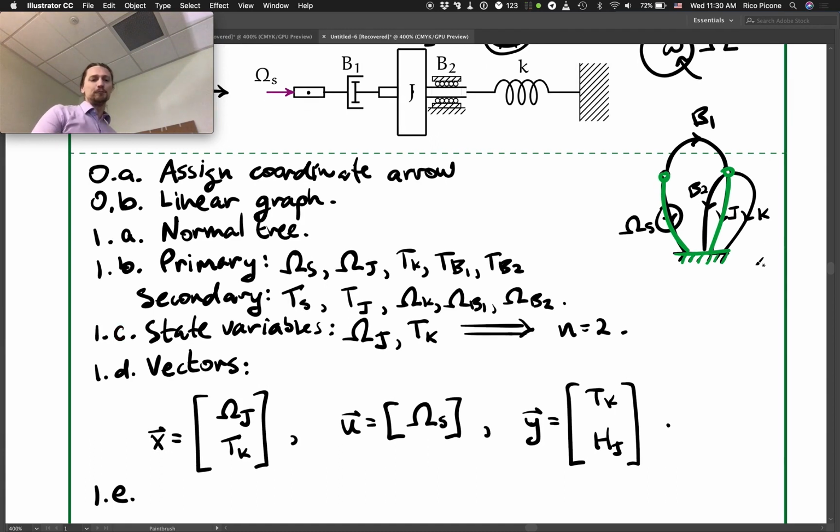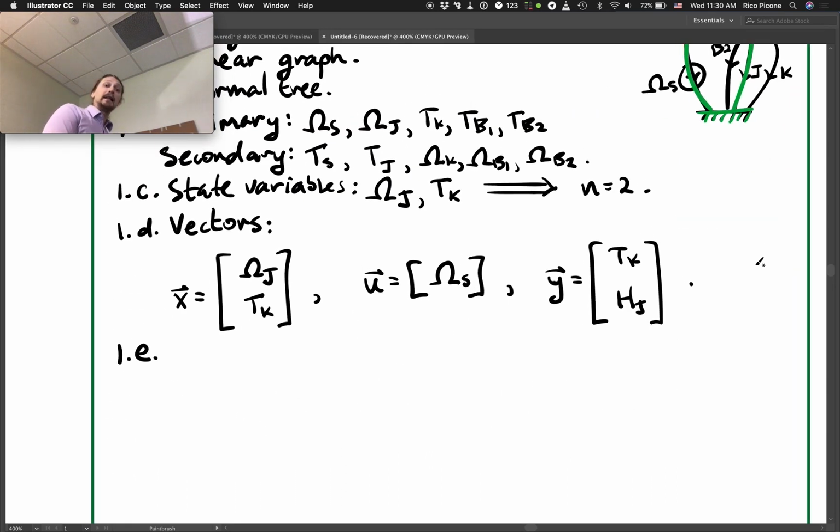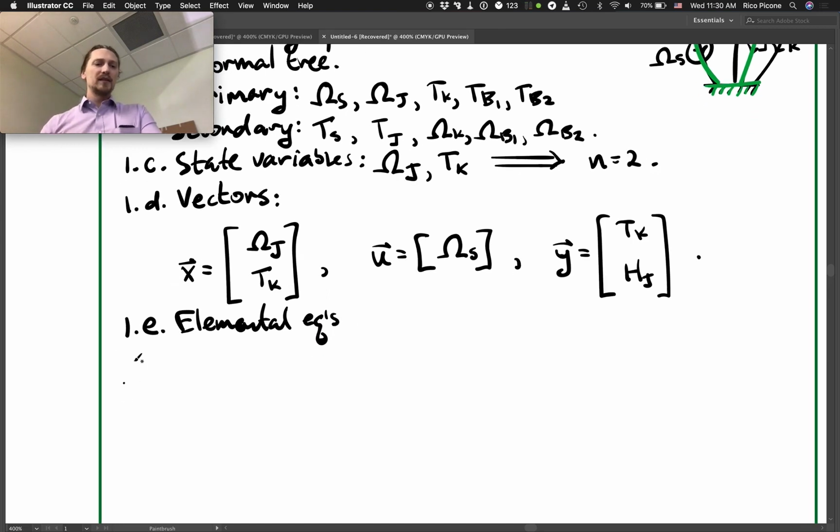Cool. So E. Now we are ready for some equations. We start with the elemental equations. Remember, we like to start by listing the elements in the same order as our state vector.